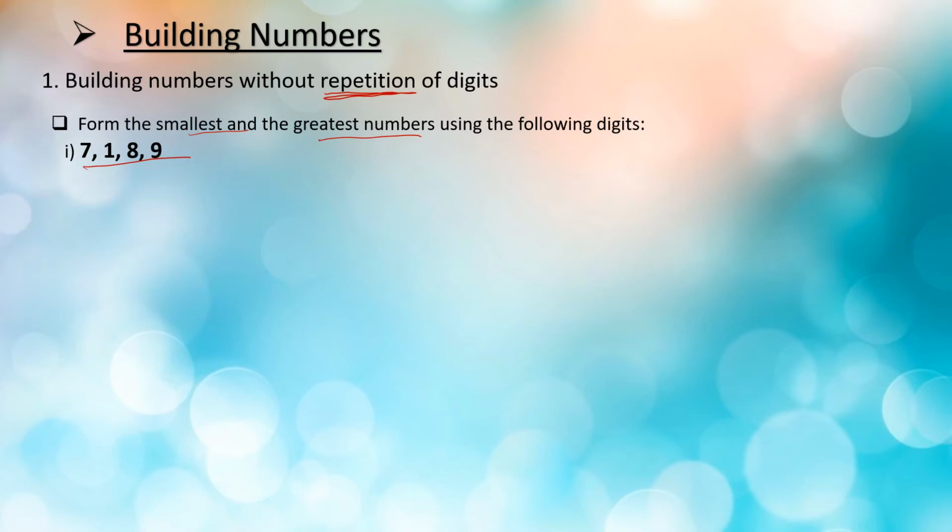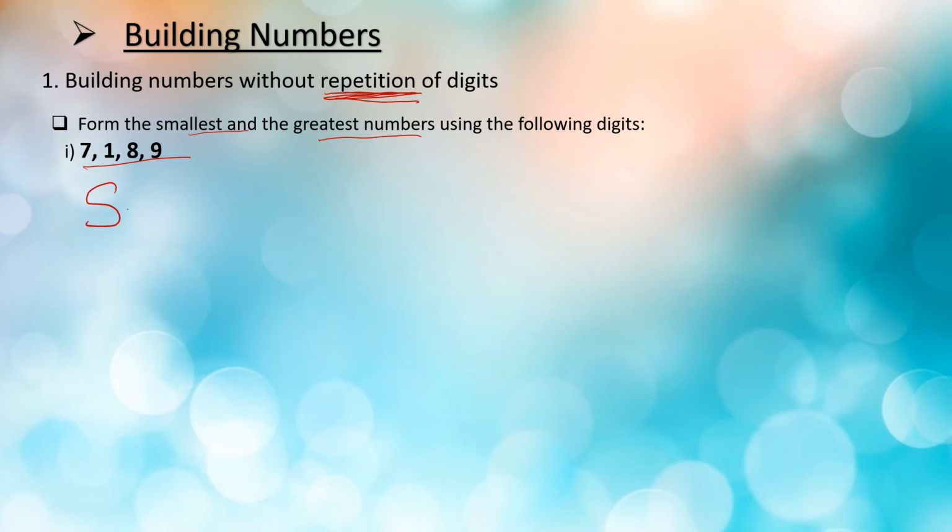You can pause the video and give a try. Form the smallest possible 4-digit number using these 4 digits. As it is mentioned that we don't have any repetition, the smallest number should be of 4 digits.